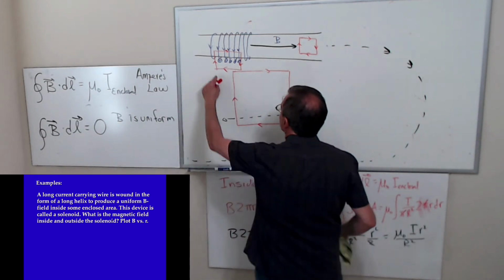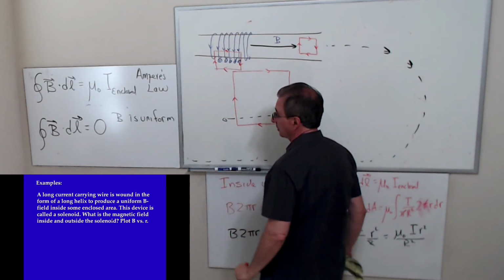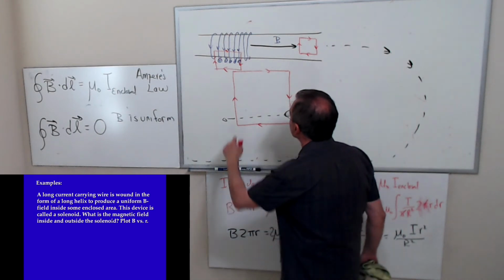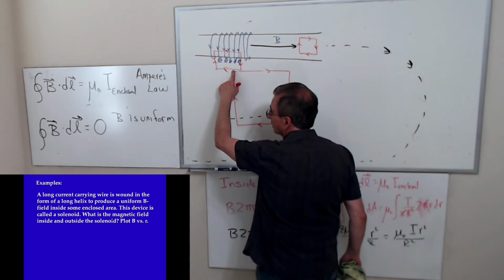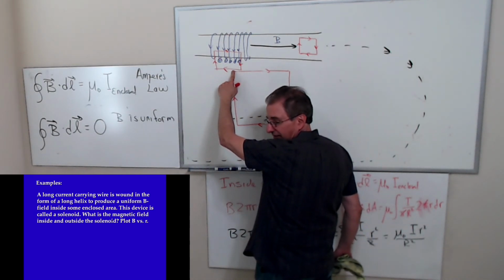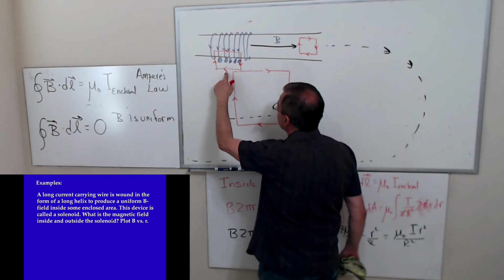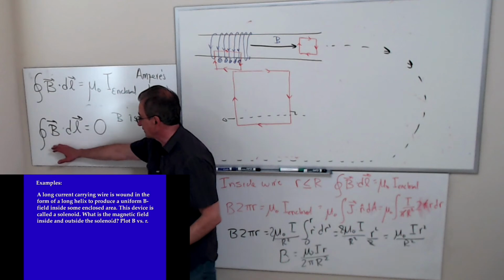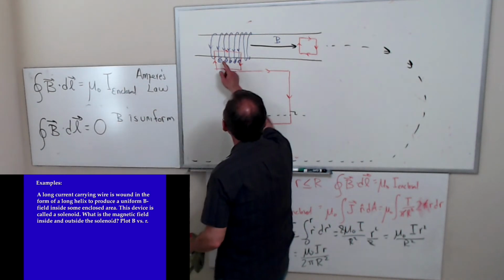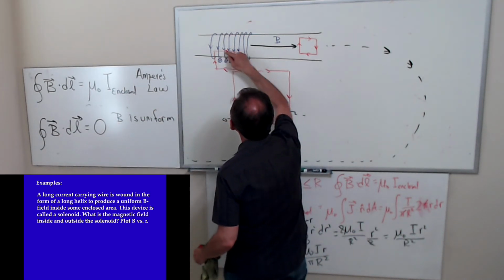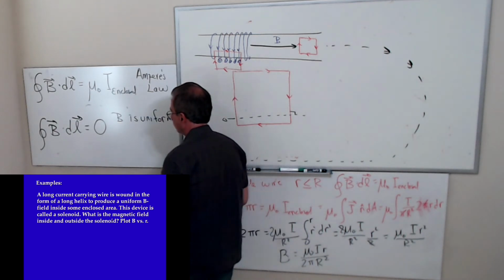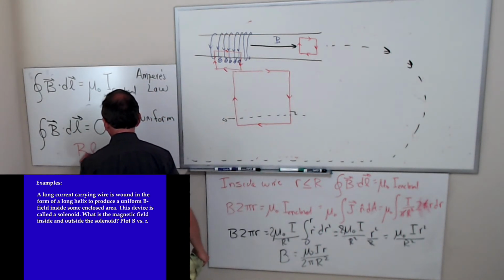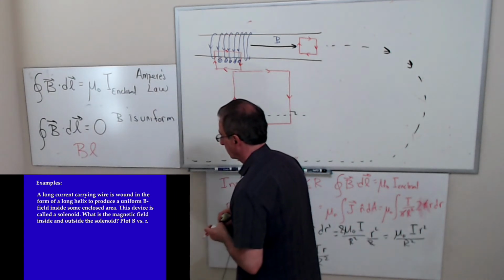Well, this guy and this guy will not contribute, right? Will this one contribute? No, because what's the field outside? 0. So over the 3 legs, this integral is 0. So now the 4th leg, the magnetic field is constant over this length. And so the integral over that 4th leg gives you just B times L.